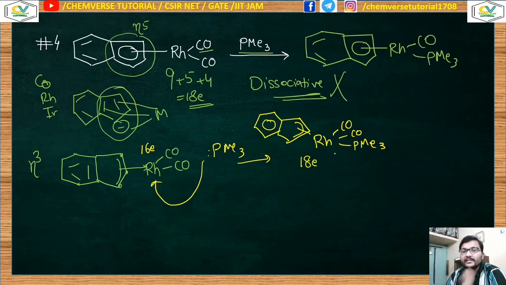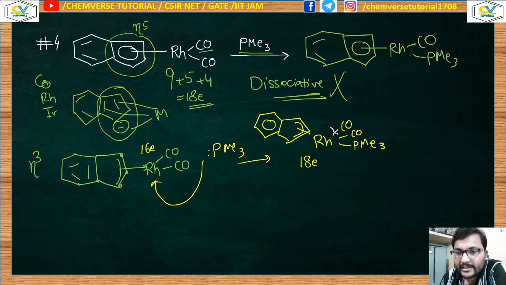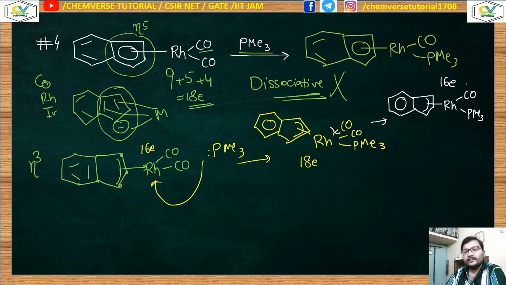A stable intermediate is forming, and the associative mechanism can be followed. Now the next obvious step is the breaking of one carbonyl bond. When breaking of one carbonyl bond occurs, it will lead to the formation of this one, rhodium with one carbonyl, and over here PMe3. Now it again turned into a 16 electron species.